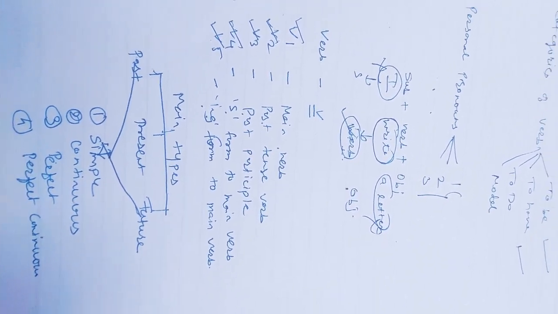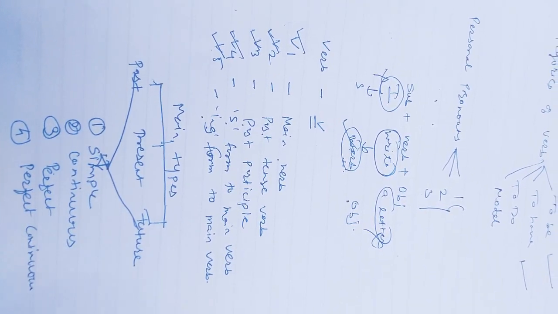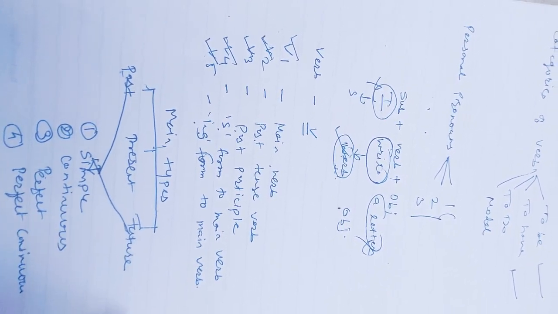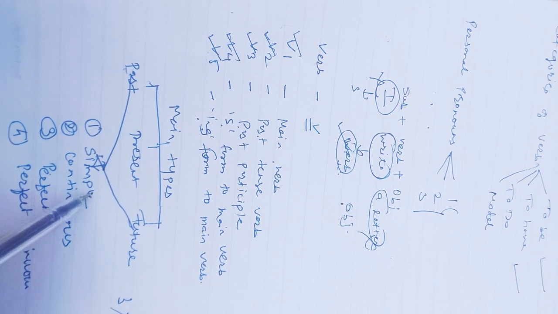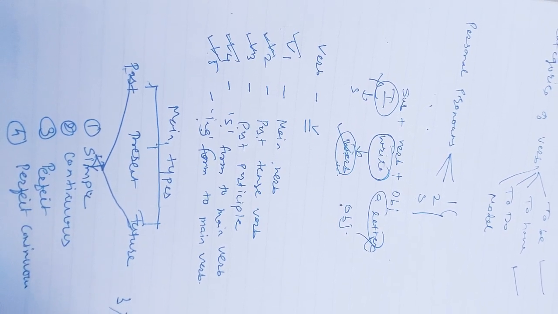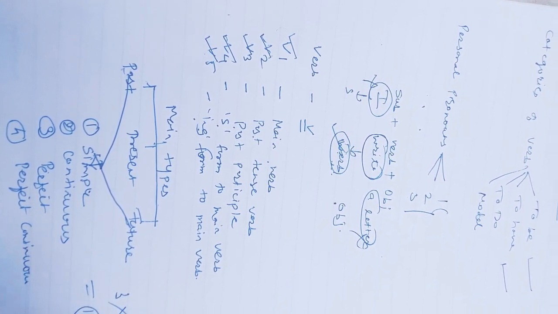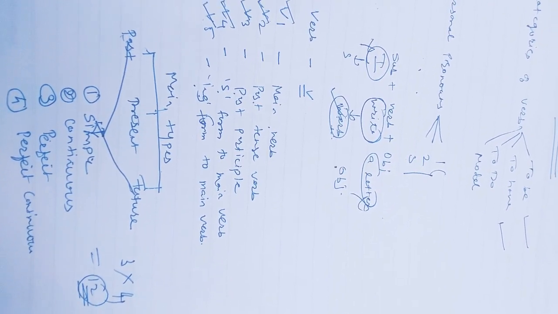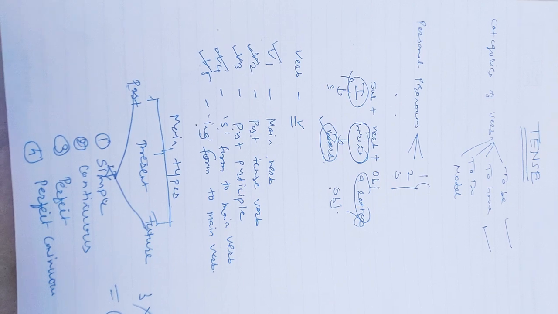These are the four subtypes of these three main tenses. If we multiply 3 by 4, it is equal to 12. So here we are going to discuss the 12 actual tenses.